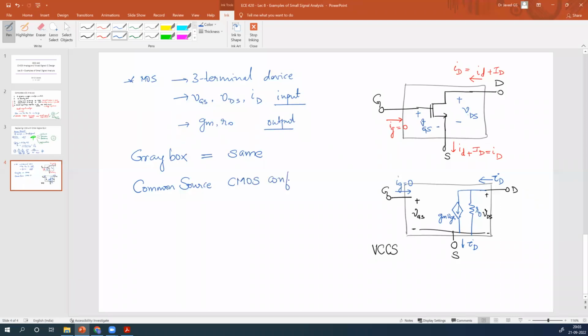You will use this as the same. Now, whatever happens, if you want to change anything, depending upon the model, anything that you change inside the gray box will be immaterial to the outside world, right? So whatever happens, change within the gray box.